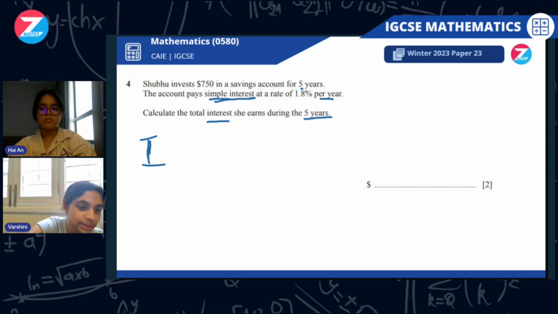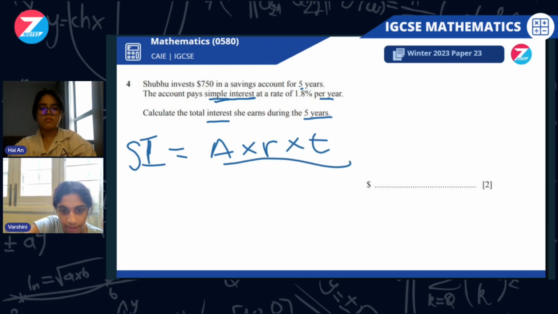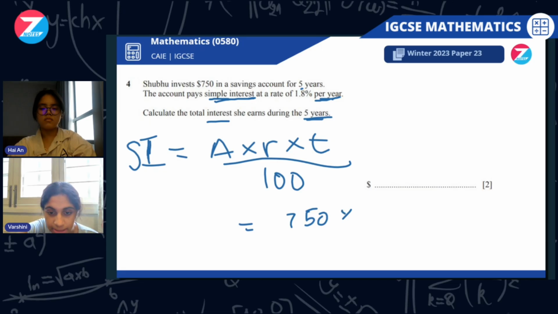So we know that simple interest is equal to the amount times the rate times the time, divided by 100. If the rate is 1.8% per year, then the time will be in years, so we don't need to convert any of our units. So let's substitute everything directly into the formula. That's going to be 750, which is the initial amount, times the rate, which is 1.8.